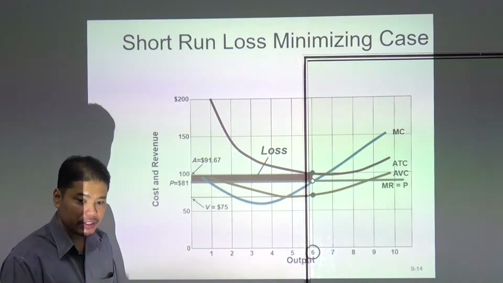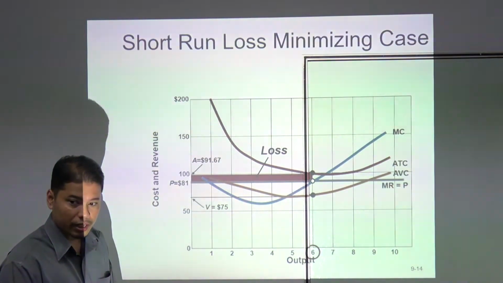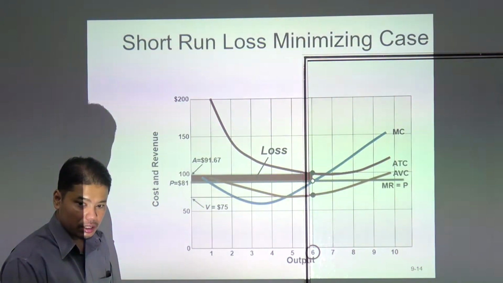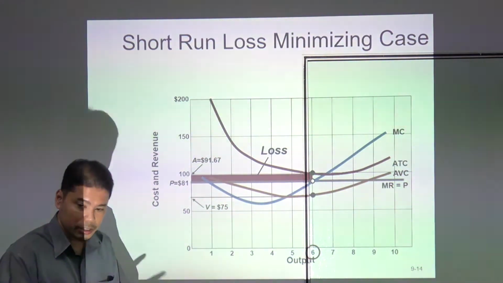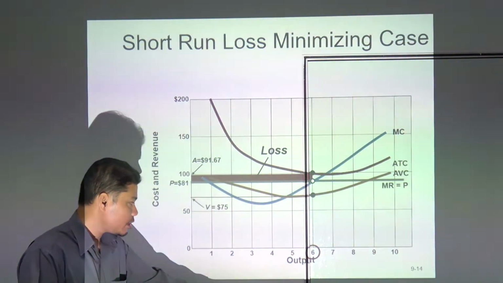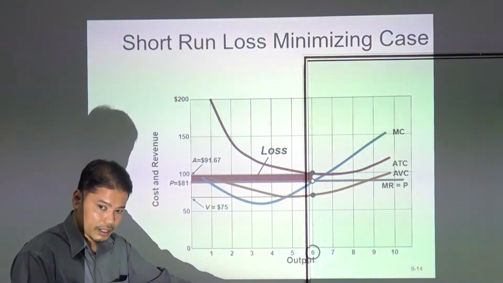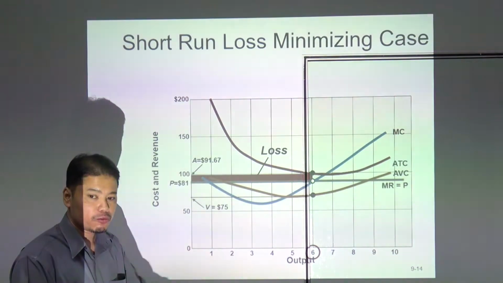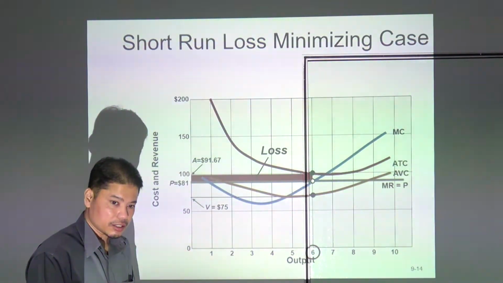Because when you close down, total revenue is 0, but you still need to pay for the fixed cost. And since the fixed cost is $100, you will have a total loss of $100. So when we compare these two options, producing 6 units of output and incurring a loss of $64 would be better than if we close down and incur a total loss of $100.